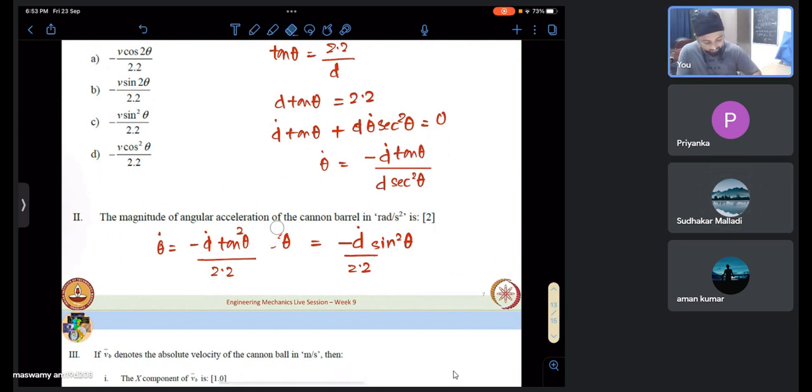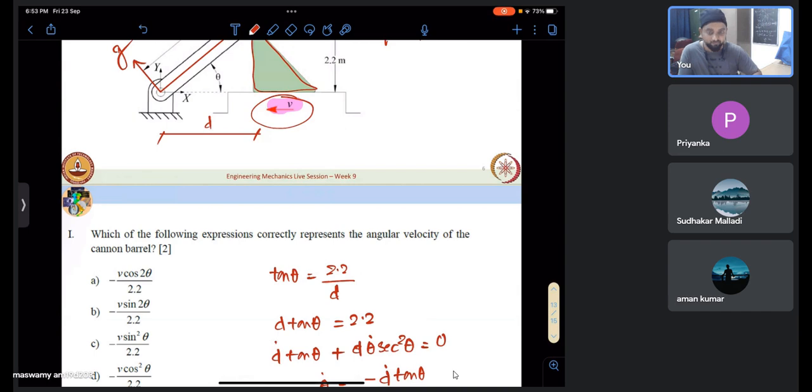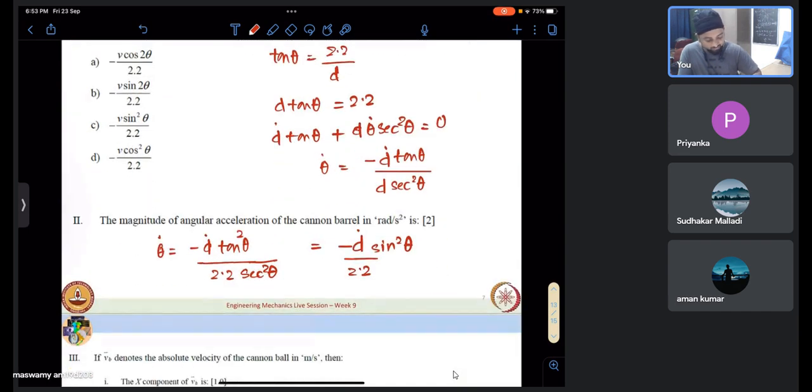Sorry, I mentally did the opposite, I multiplied by cos square theta. What is d dot? It is nothing but our v. So this is minus v sin square theta upon 2.2.